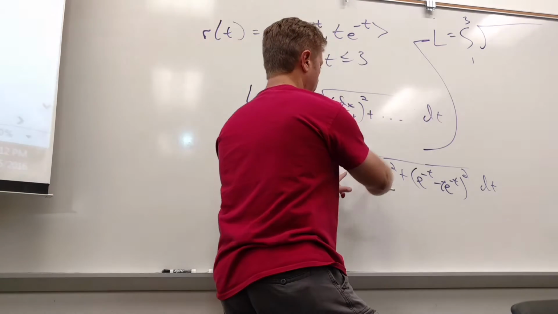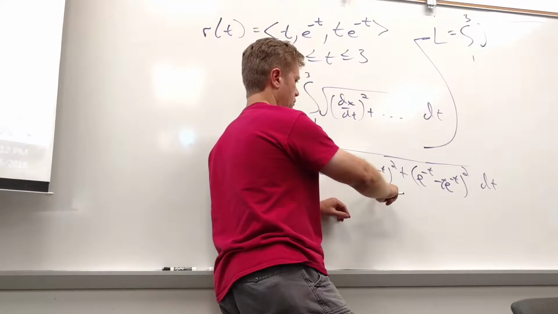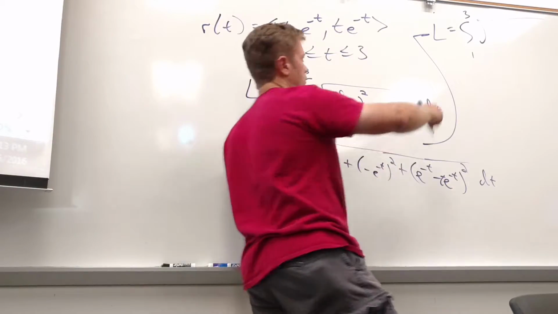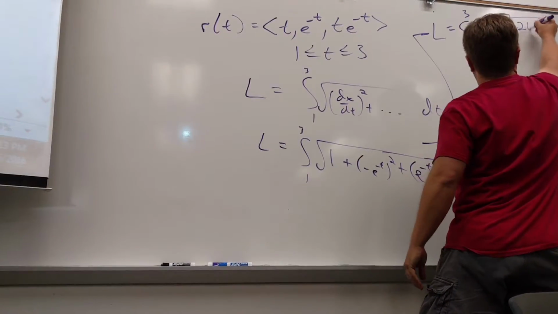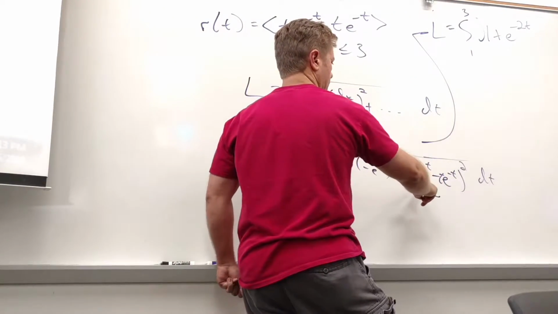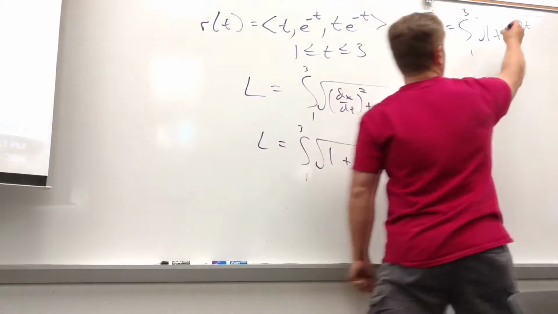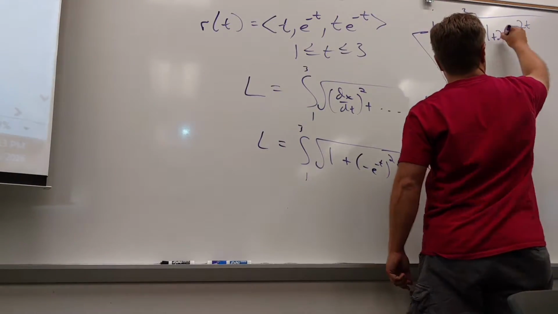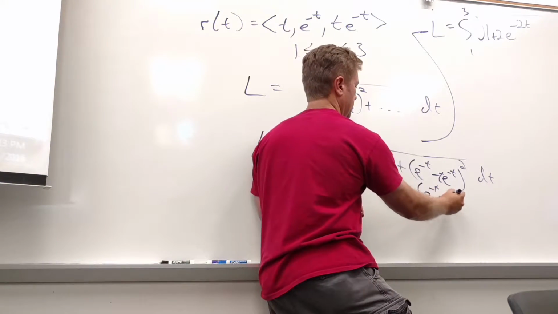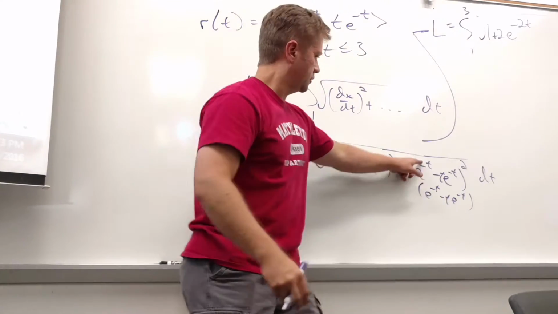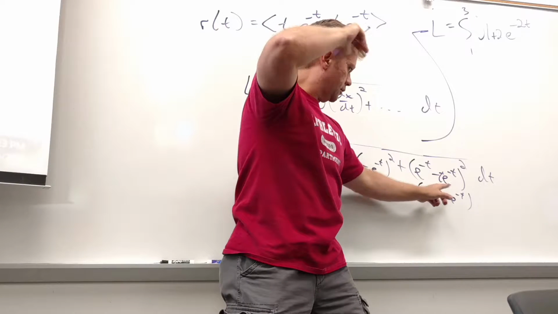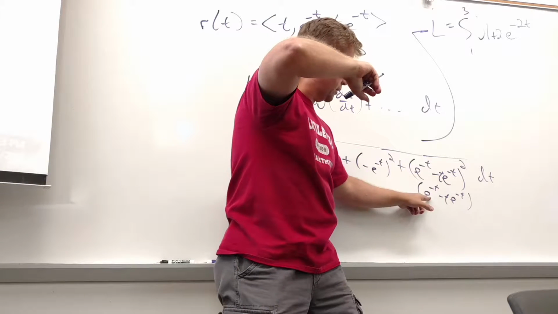So you get 1 plus e to the minus 2t. And then here, e to the minus 2t, so I get 2 of these. Now let me write another one of these just so we can look at it. It's not a big deal. So that's what we got there. That's why I put 2 of them there. And then here, what do I get? These cross products.